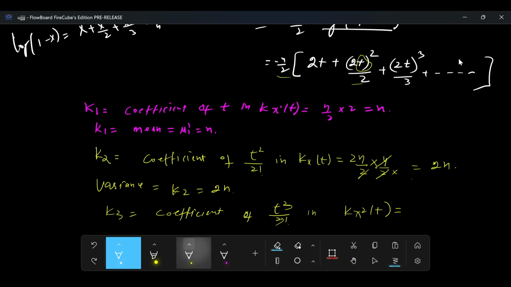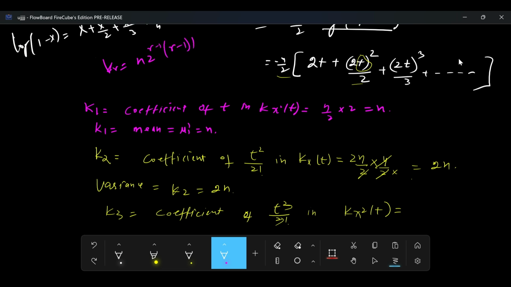If I need kr, what will be the kr? The formula of kr will be n into 2 to the power r minus 1 factorial. So for K3, it is 3, 2 into 2, 2 minus 1, that's 1 factorial. 2 2s are 4, 3 4s are 12. K3 is 12, but K3 is 8n. How is K3 8n? Let's suppose we need K2 from this formula. This is 2 into 2, this is 4n. But yeah.